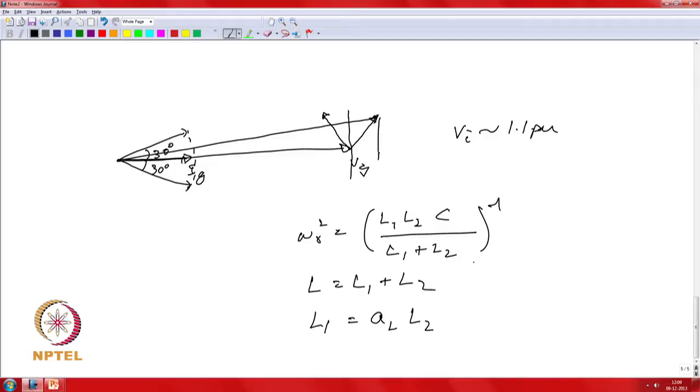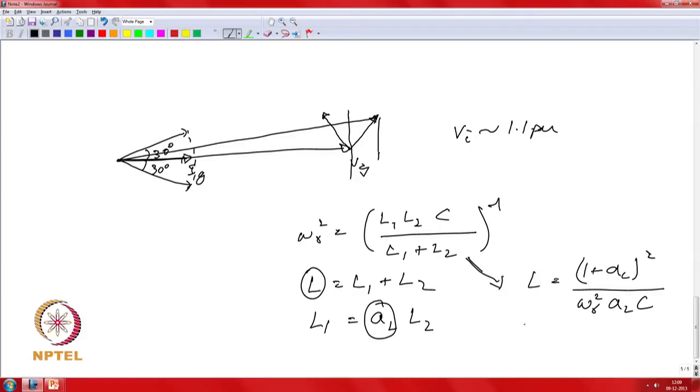So you could then write this expression for the resonant frequency in terms of L and AL. You would then get an expression of the form L is equal to (1 plus AL) the whole square divided by omega r square into AL C.